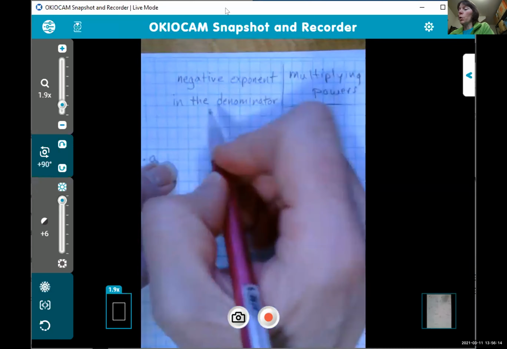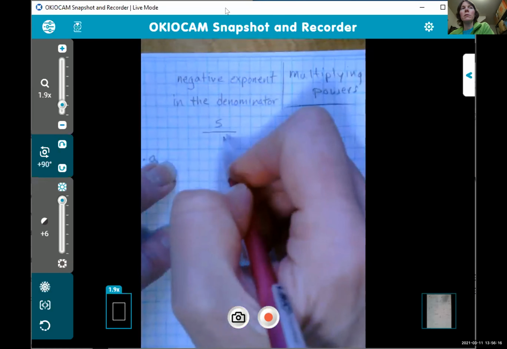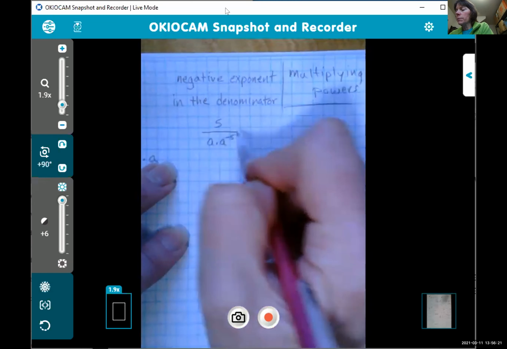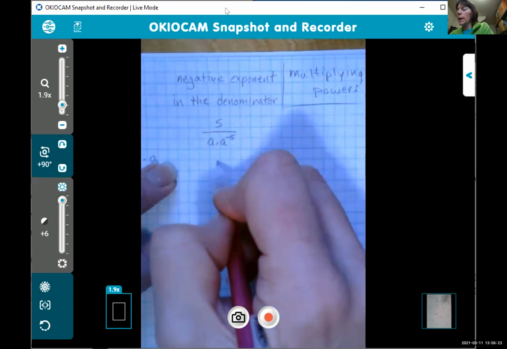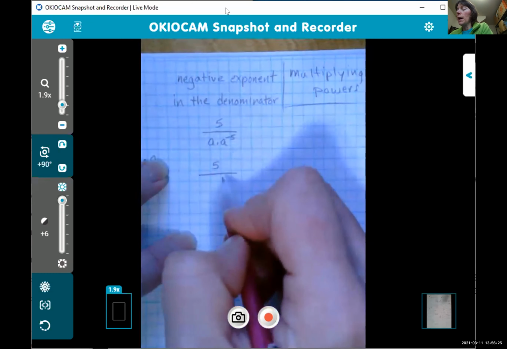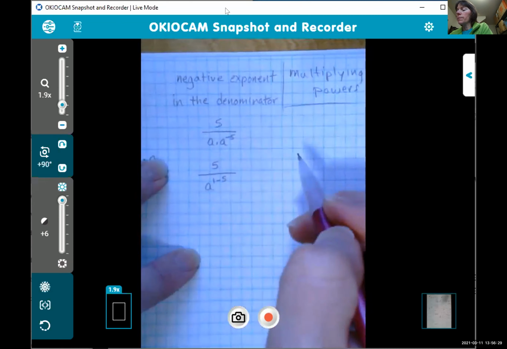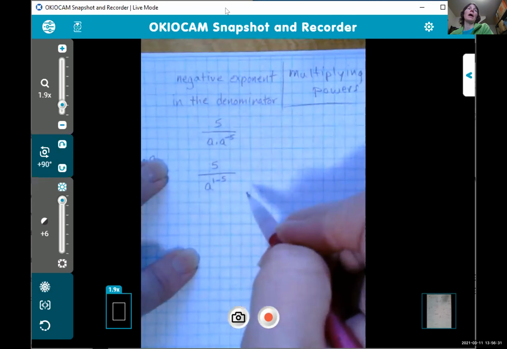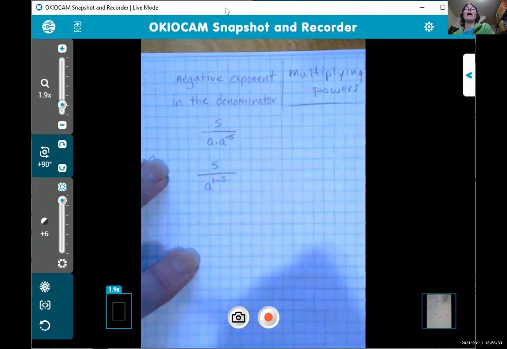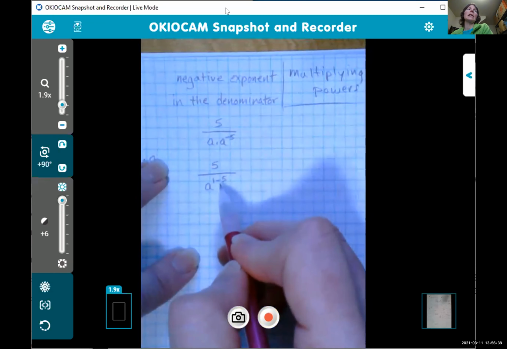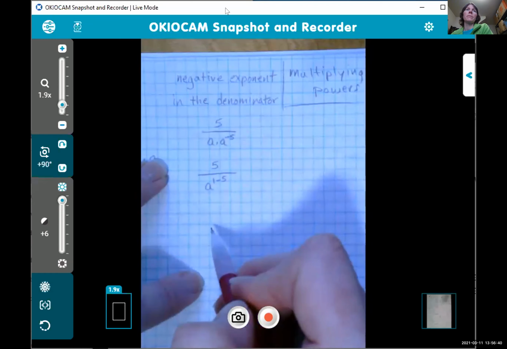So a problem we were working with was 5 over a times a to the negative 5th. And what we did was we said, well, that's the same as 5 over a to the 1 minus 5, or you could think plus a negative 5, right? Because really the pattern is adding, not subtracting, but we know that adding a negative is the same thing as subtracting a positive.